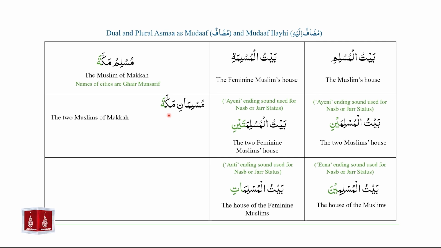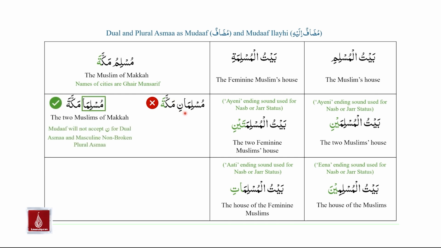Makkah will be mudaf ilayh and the two Muslims will be mudaf. But we studied that in the case of mudaf, it will not accept noon for dual and for masculine non-broken plural asma. So, writing it this way is incorrect. For it to be correctly read and written, we will remove the noon here and we will have Muslima Makkata.